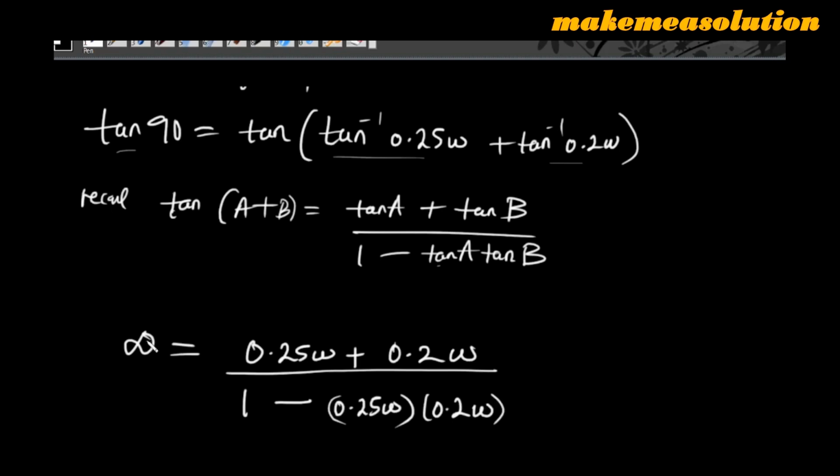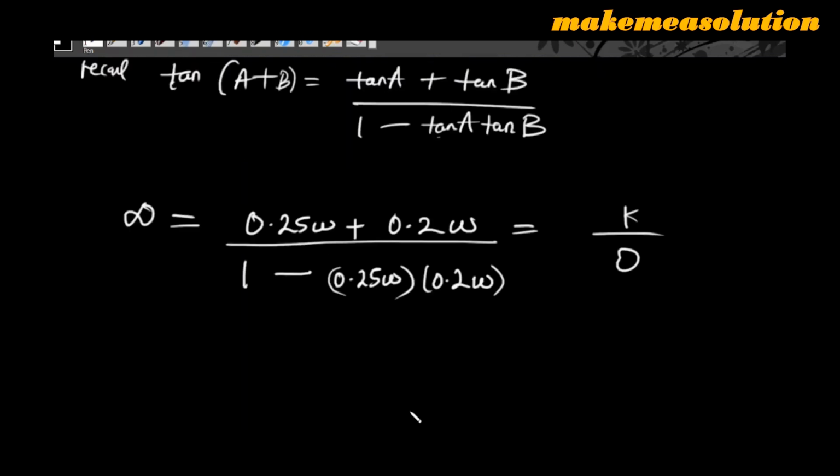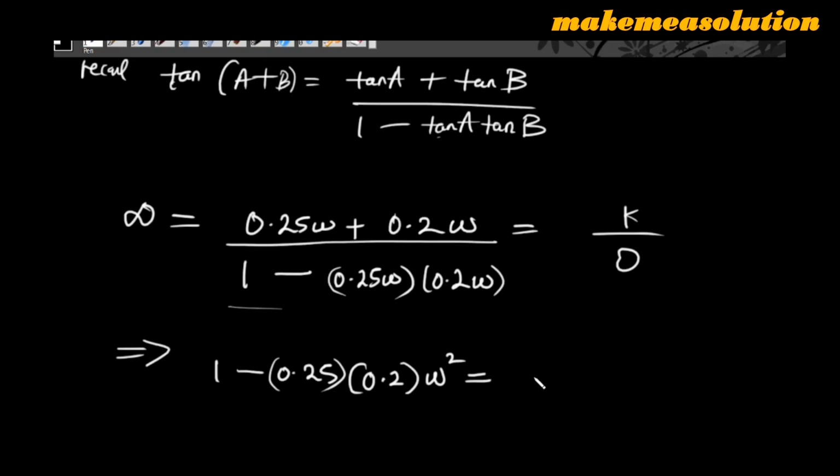Infinity is the same thing as 1 divided by 0, or any constant divided by 0. So this whole expression means the denominator is equal to 0: 1 minus 0.25 times 0.2 times omega squared equals 0.